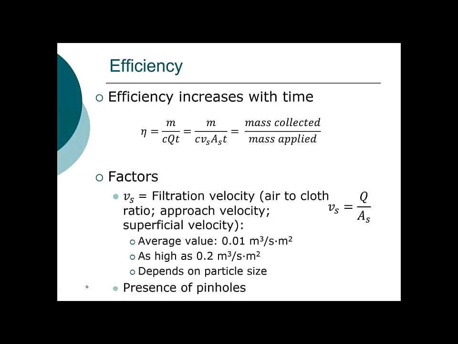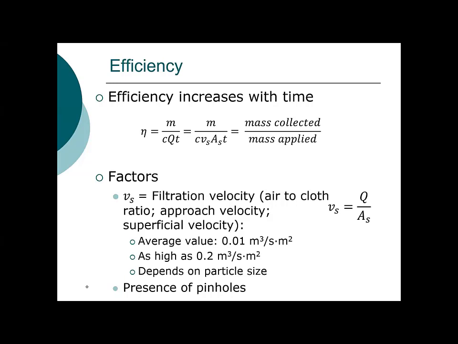When we talk about efficiency, the definition for efficiency is much simpler than the equation really, than what we have used for some of these other systems. The efficiency of removal is simply the mass collected divided by the mass applied.